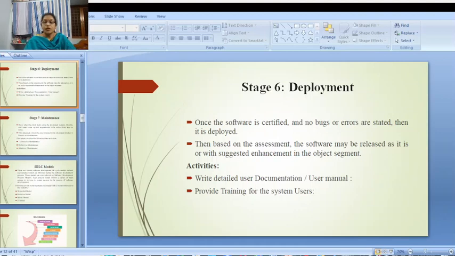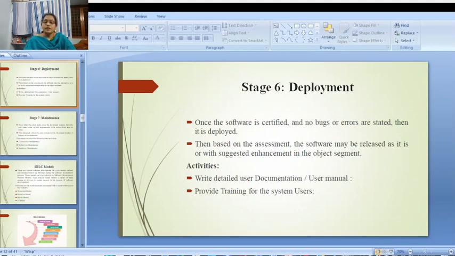As an employee, I need to have training about a particular development or particular software or particular programming language, so then only I can work properly. The training can be offline or online, conducted by the instructor to all the members.